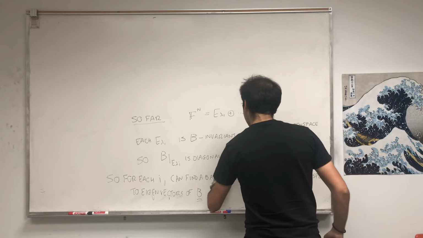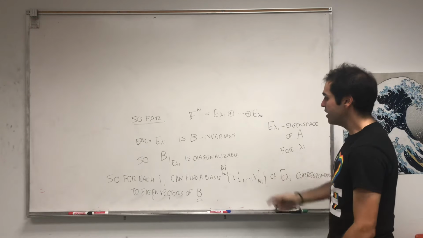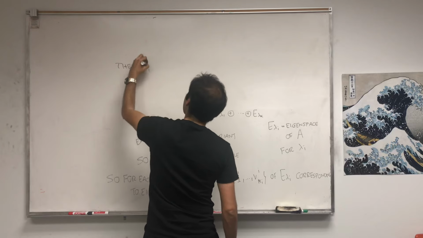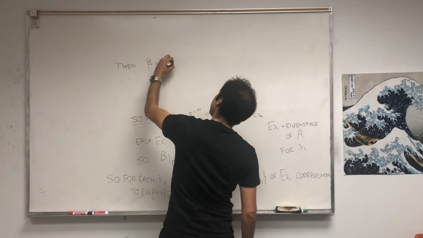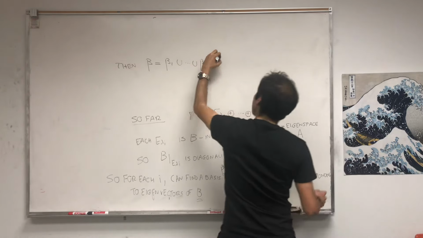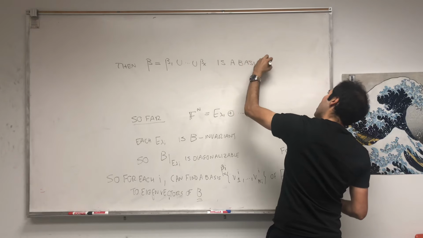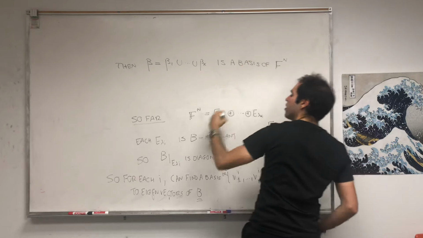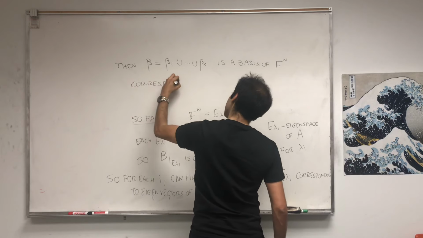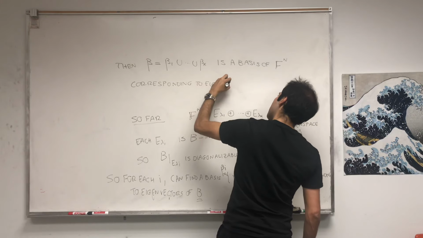So beta 1 is this, a basis of eigenvectors of B, and then you can actually show that beta, equal to a union, is a basis of Fn corresponding to eigenvectors of B.